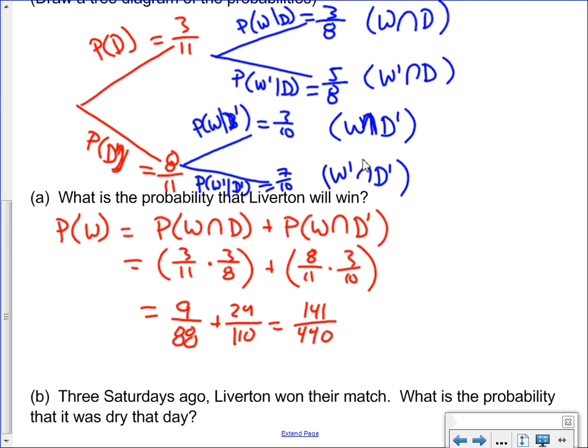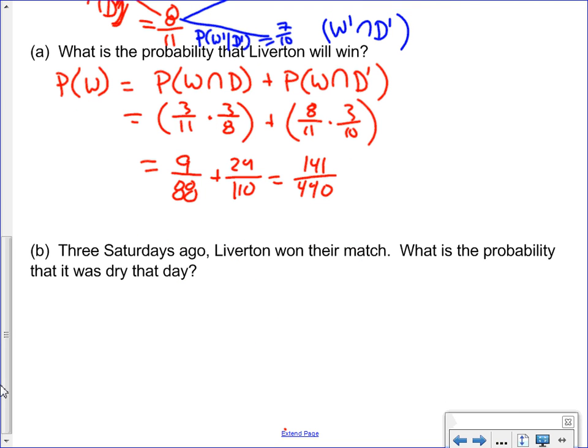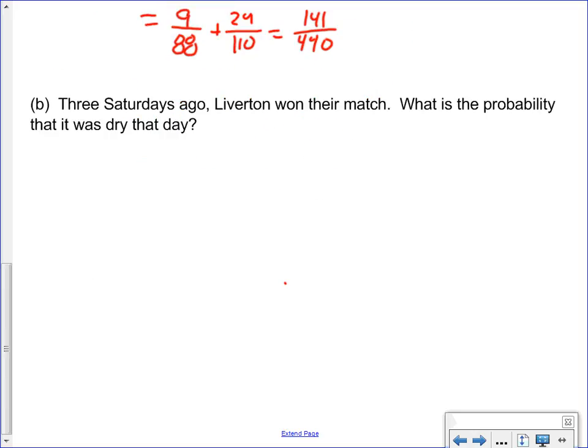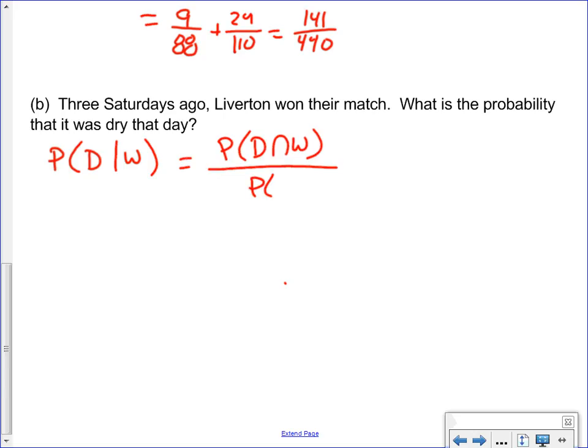Okay. So, once upon a time, three Saturdays ago, Liverton actually won their match. What was the probability that it was dry that day? So we're looking for the probability that it was dry given that they won, which is the probability that it was dry and they won over the probability that they won, like the first formula we talked about.